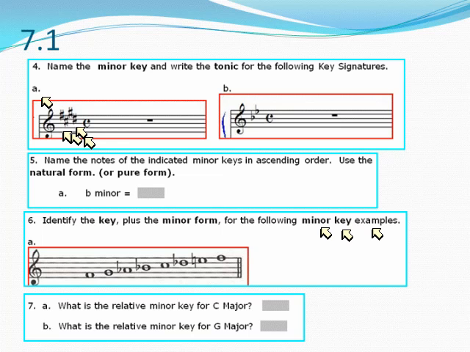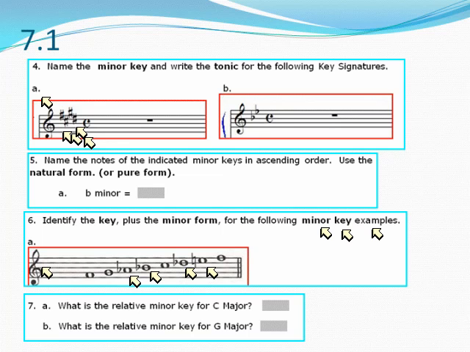Number 6, identify the key plus the form for the following minor key example. So I told you this is a minor key. I look, it's in treble clef. There's an A flat and a B flat and a D flat, and that's an altered tone. It probably used to be an E flat, but now it's an E natural.